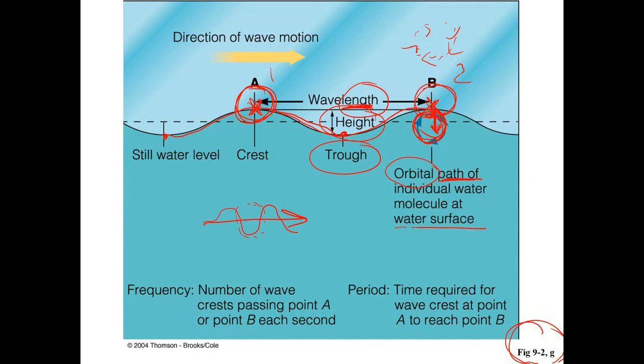Okay, so you're going to see this come up in another couple of slides with a bird on a figure. Another key term that you're going to notice here is frequency. Frequency is the number of waves passing point A or B for each second. Now it can be A or B, or for that matter, C, D, E, F, G, right? Doesn't matter. You just pick a fixed point.